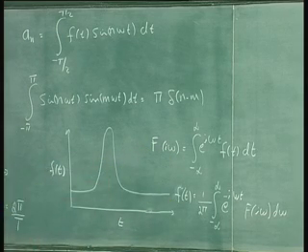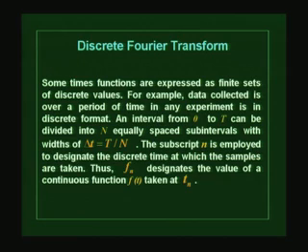That is to say that we have a finite set of discrete values collected in an interval from 0 to capital T, the total interval which we have, in n equally spaced subintervals.